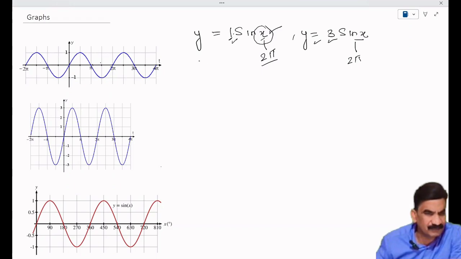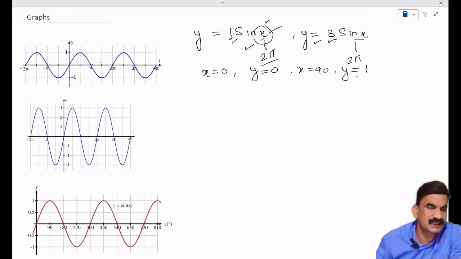Now, drawing that graph is absolutely simple. How is it simple? Let's take a few points in terms of this angle. If x is equal to 0, y is equal to 0 because sine 0 is equal to 0, right? If x is 90, I'm talking about the first one, then y obviously is 1 because sine 90 is 1.